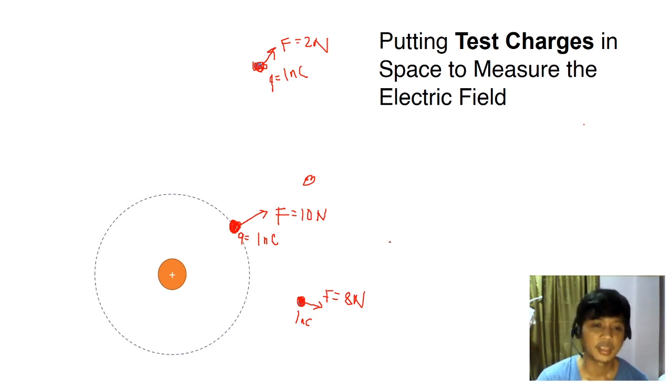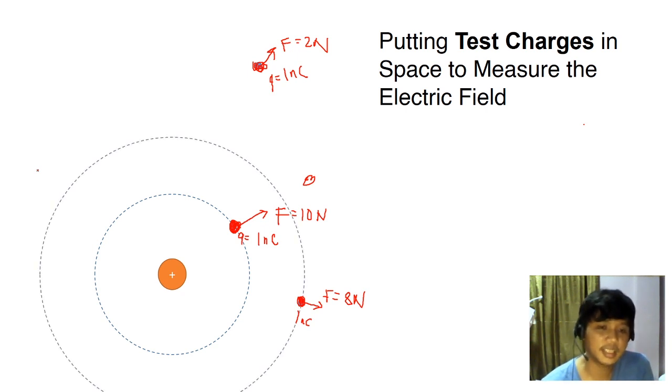Now, I draw this concentric circle just to illustrate that around the perimeter of that circle, you will always get a force of 10 newtons for every charge of 1 nanocoulomb that you place there. This concentric circle is imaginary, but it illustrates that wherever you put that charge around that circle, it will always experience a 10 newton force with varying directions, but always 10 newtons.